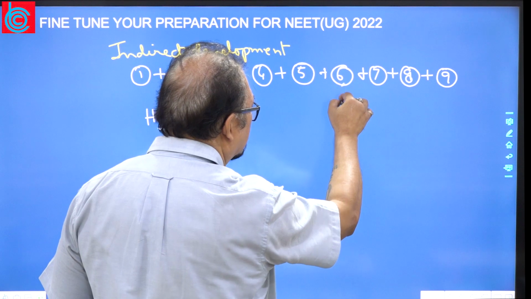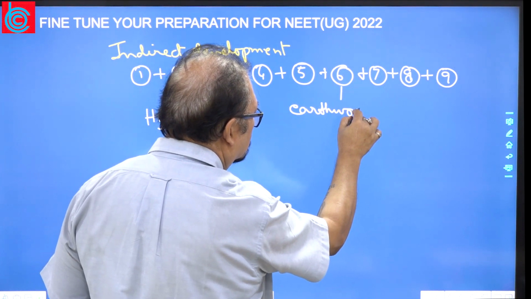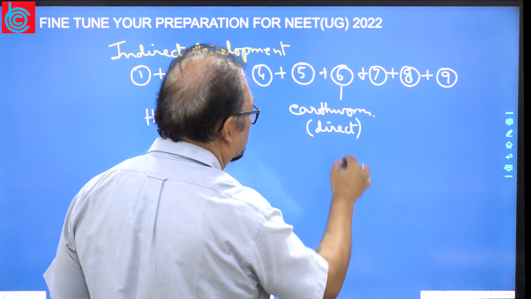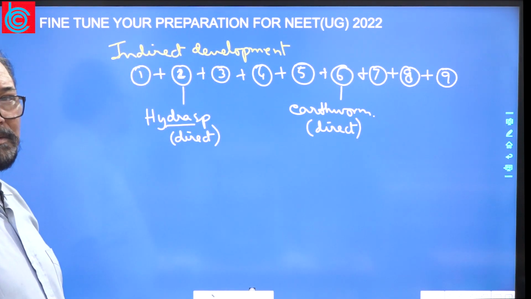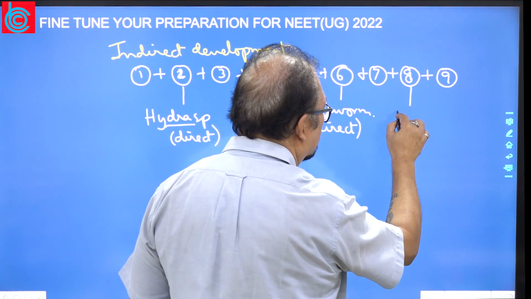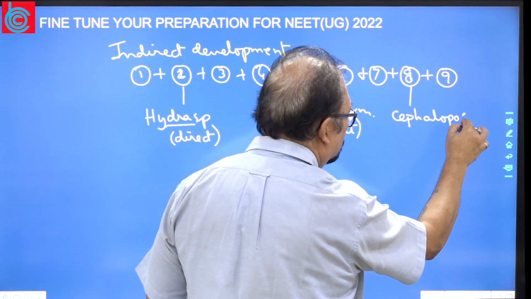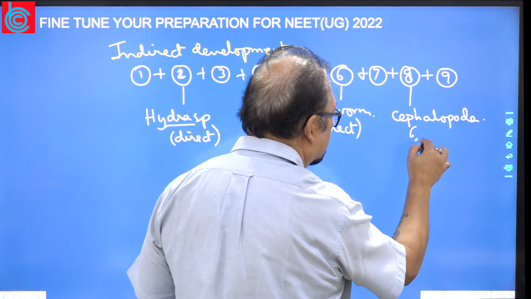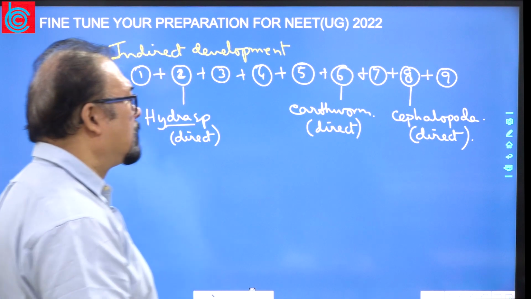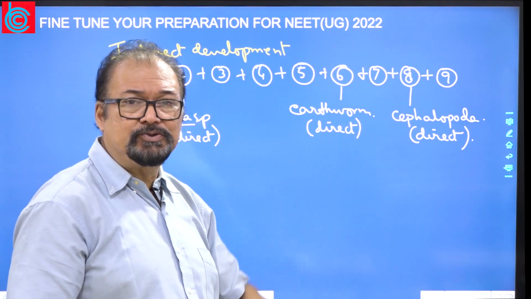But again in the Annelida, in earthworm, direct. In Mollusca, Cephalopoda, that is octopus, direct. So these are the exceptions. In Hydra, in earthworm, in the Cephalopoda, there is no larval form.